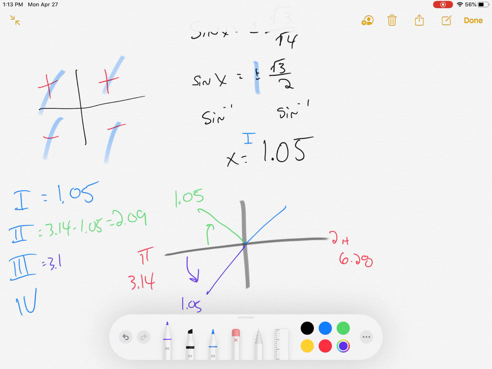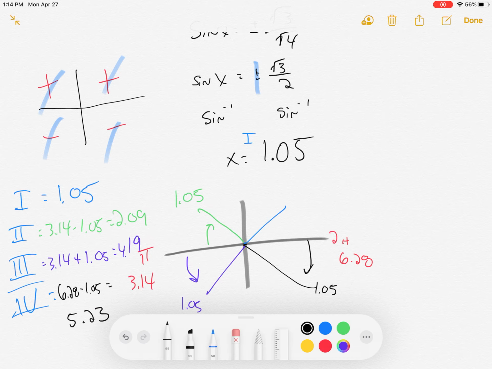So 3.14 plus 1.05 is 4.19. In quadrant 4, I am going backwards from 6.28. So 6.28 minus 1.05. I went back 1.05. You should get 5.23.